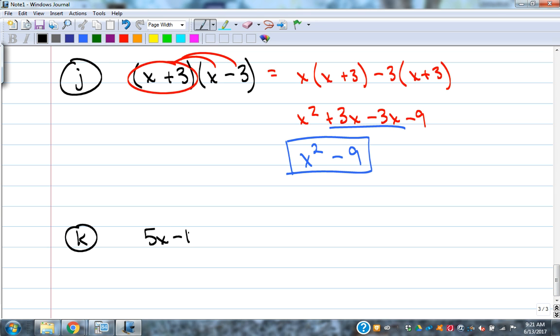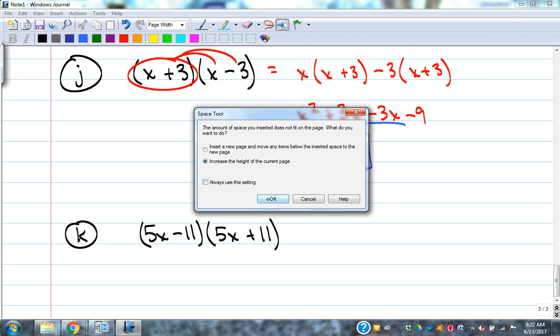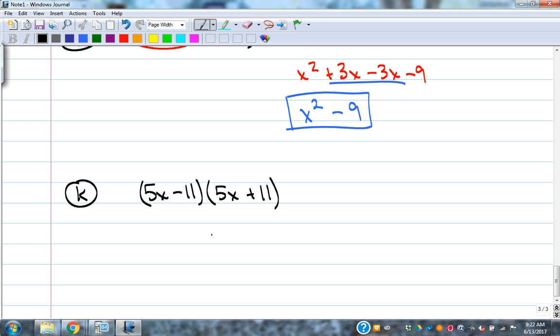Maybe you got 5x minus 11 and 5x plus 11. So even when the minus sign is in the first one, they're matching, but the work's not any different than what I've been doing. I'm still distributing this to both of those pieces. 5x times 5x minus 11 plus 11 times 5x minus 11.